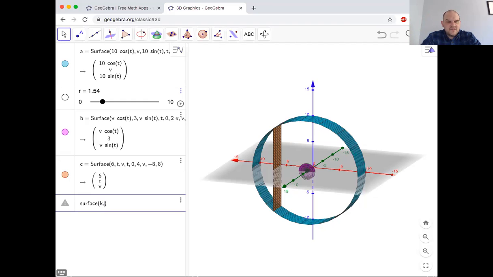I'm going to make this be t, let this be v, and then t can go from negative square root of 100 minus k squared to square root of 100 minus k squared. This is either going to work or definitely not. And then this just goes 0 to 4. Oh, I flipped them. Okay, hold on.